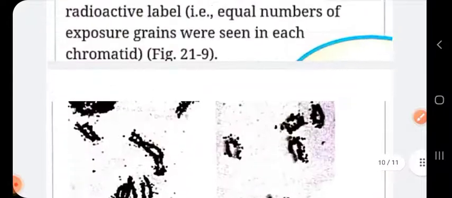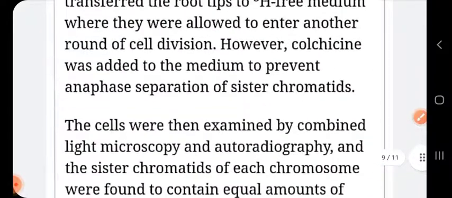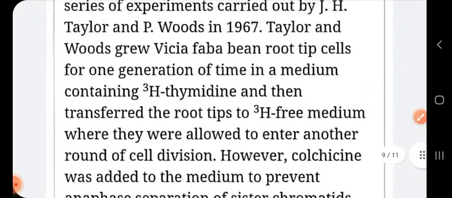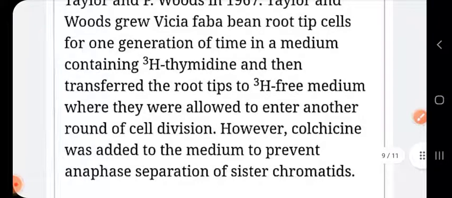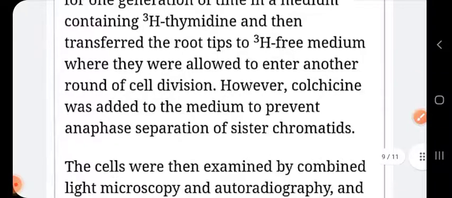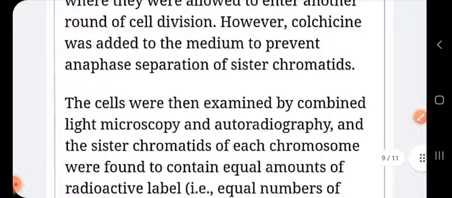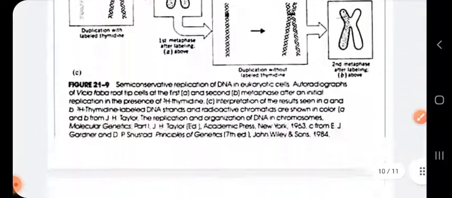Then the root tip was placed into the H3-free medium, which is not radioactive, not an isotope of hydrogen. They were allowed to enter another round of cell division, but just before anaphase we add colchicine to the medium to prevent anaphase separation of the sister chromatids.